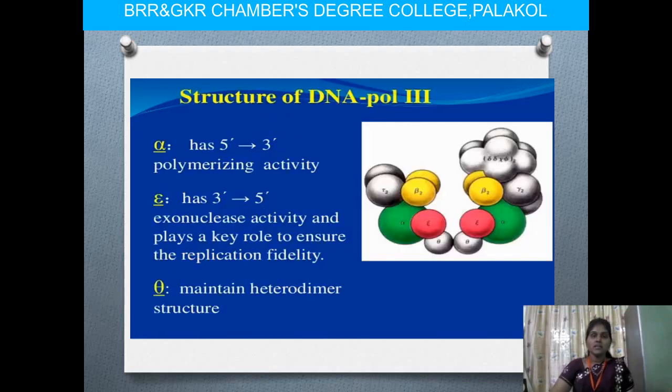The next one is the structure of polymerase 3. It is the most important topic in this session, and this is one of the short questions for the examination. Here we have different types of segments. The first one is alpha. It has 5' to 3' polymerization activity, that means synthesizing.